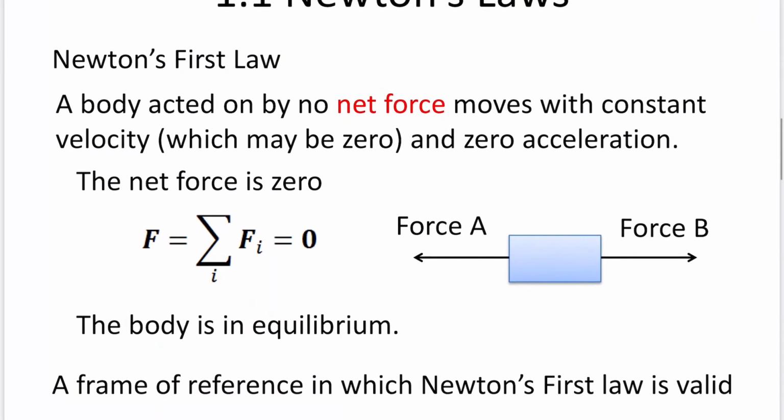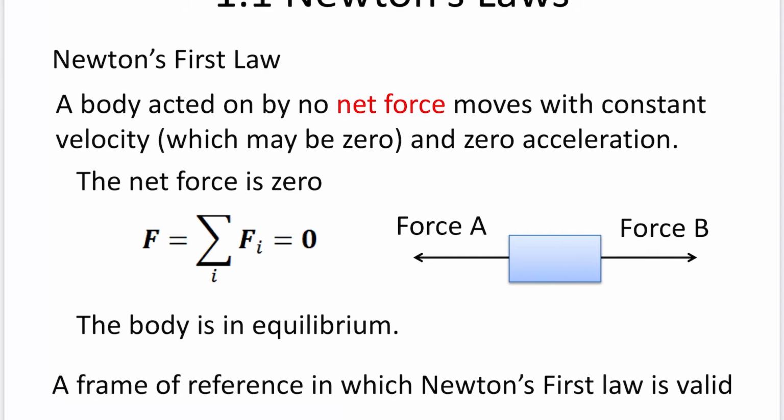Newton's first law says a body acted on by no net force moves with constant velocity, which may be zero, with zero acceleration. Net force being zero means, for example, two forces acting on the object, force A and force B, directed in opposite directions with the same magnitude.